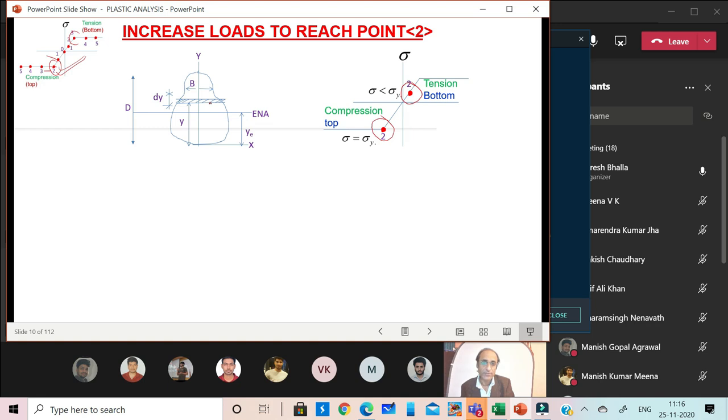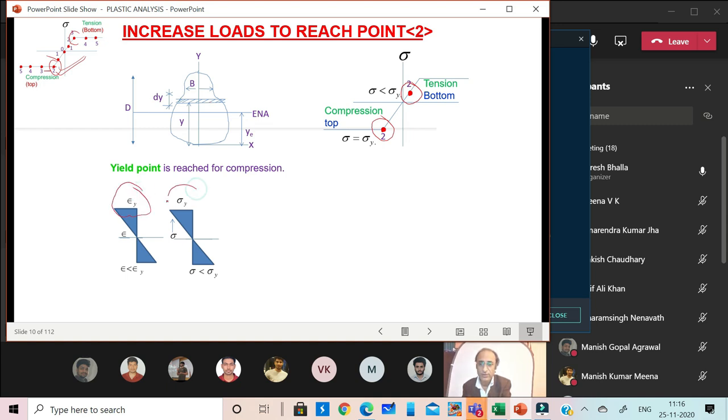Now what happens at this particular point, when we draw the stress diagram across the section, it's like this. We are drawing the strain diagram and the stress diagram both. What we find is that at the compression face, that is the top, we have reached the yield strain, and the corresponding yield stress has been reached. So basically the section is still at the limit of the elastic zone.